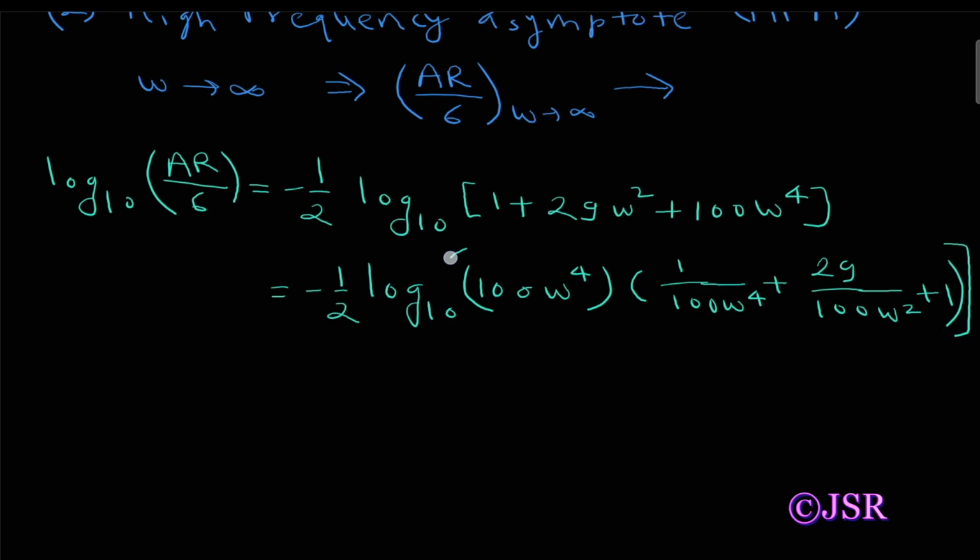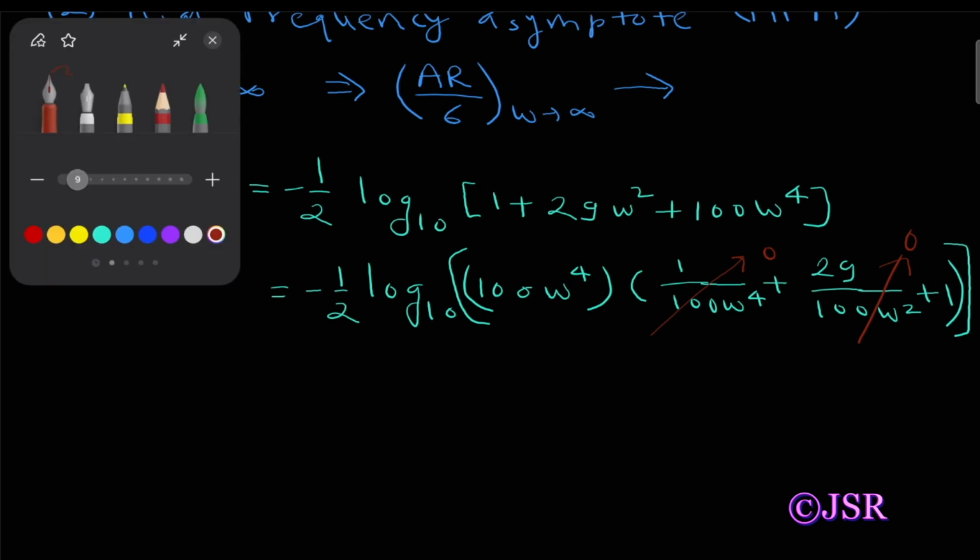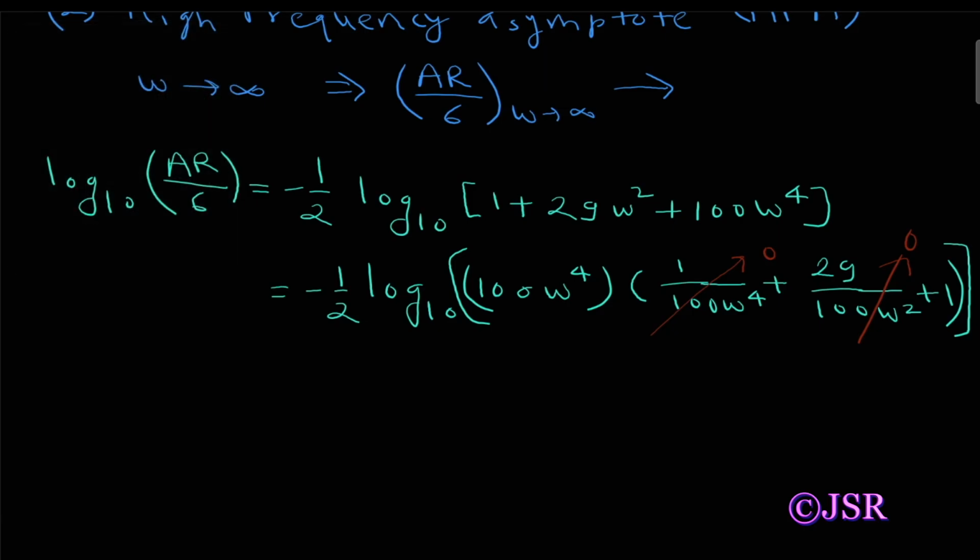This is the overall expression. So when omega tends to infinity, we will have 1 upon omega square will be 0 and 1 upon omega to the power 4 will be 0.